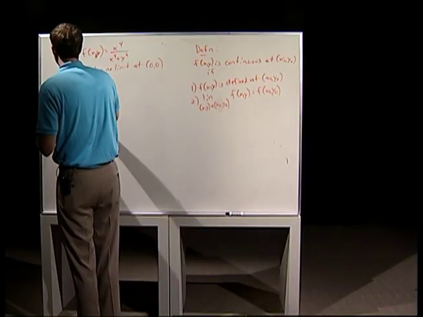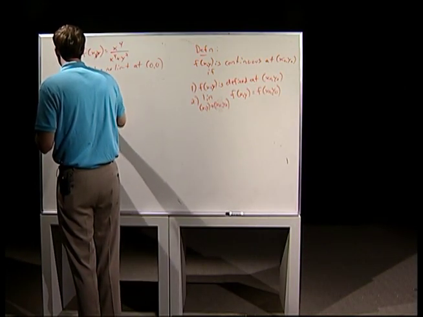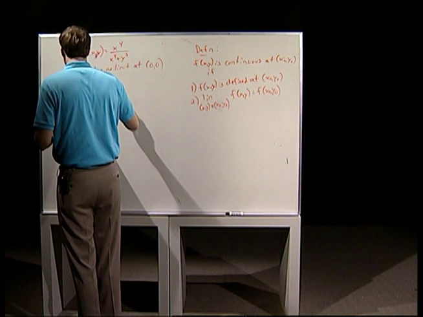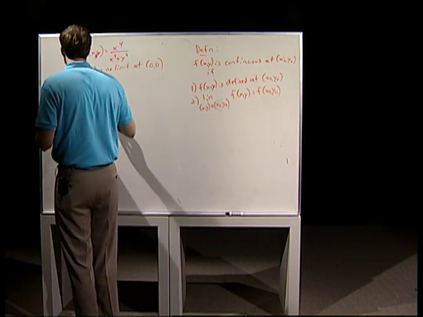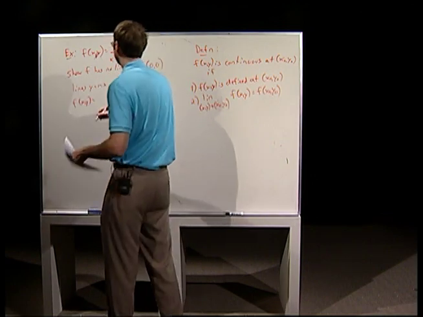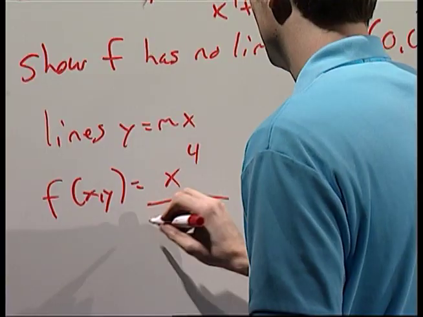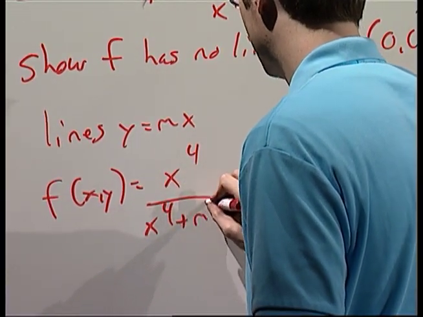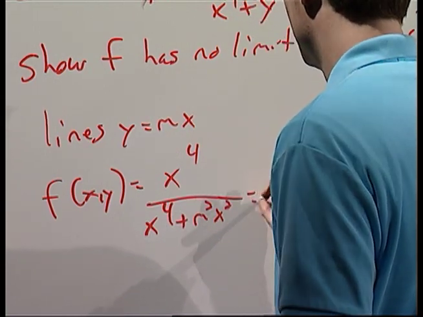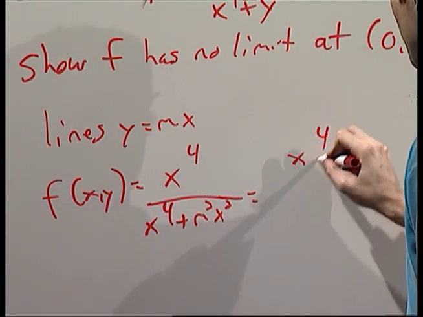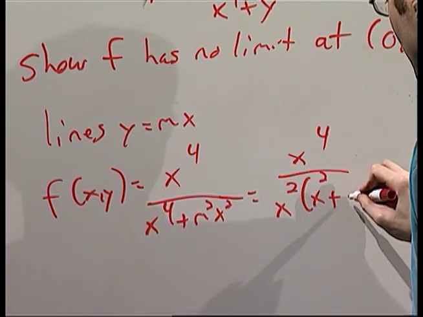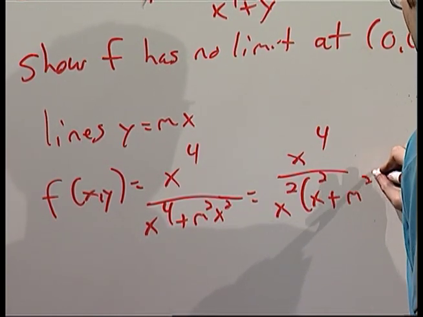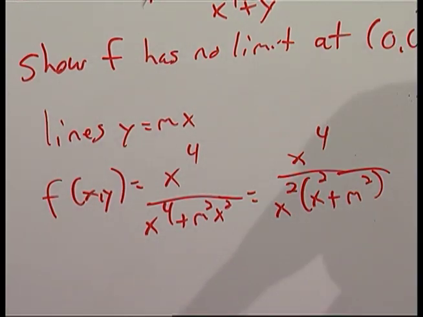Okay, how about y equals mx? Lines y equals mx. In the case of lines, what does the function become? The function becomes x to the fourth over x to the fourth plus m squared x squared, which is x to the fourth over x squared plus m squared.